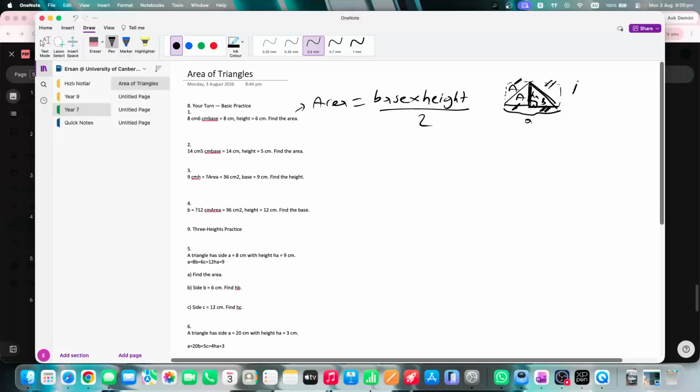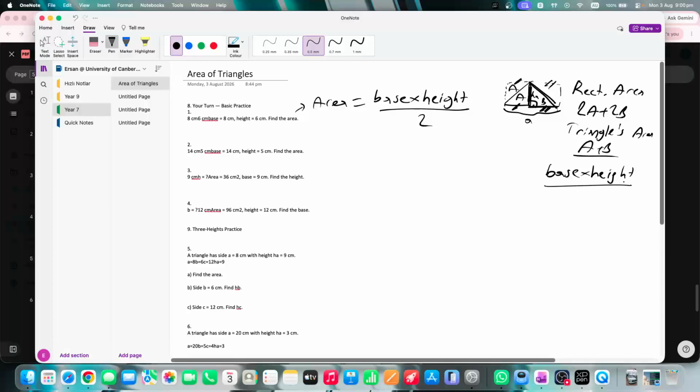Okay, so if the rectangle's area is 2a plus 2b, your triangle's area is just a plus b, which is why you just need to use base times height, which is normally the area of a rectangle, and you just need to divide it by 2. That's why.